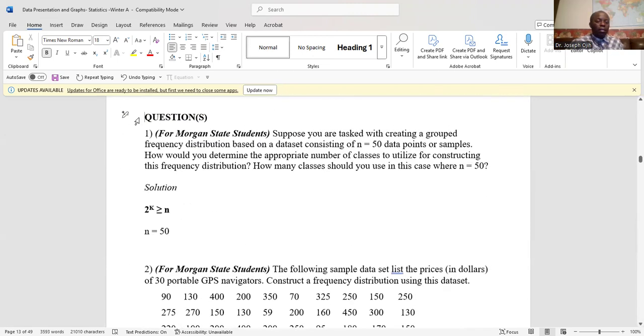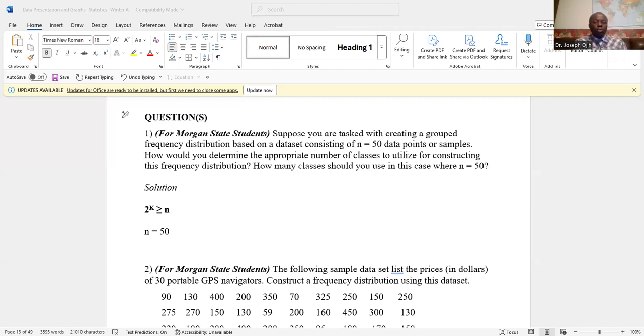It says, suppose you are tasked with creating a grouped frequency distribution based on a data set containing 50 data points or samples. How will you determine the appropriate number of classes to utilize for constructing the frequency distribution?